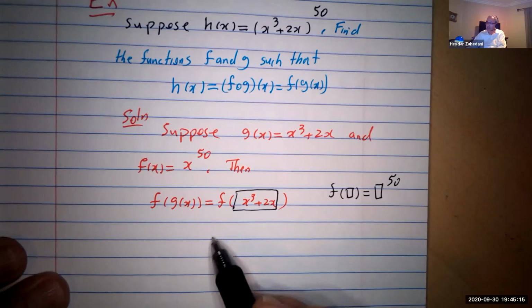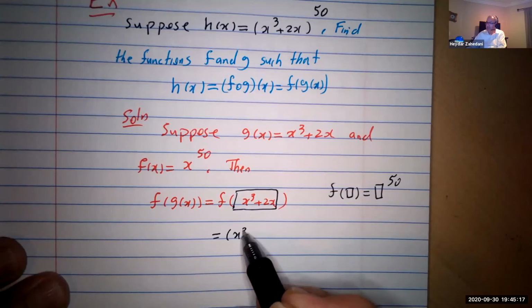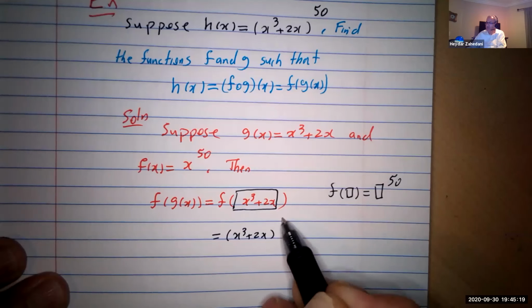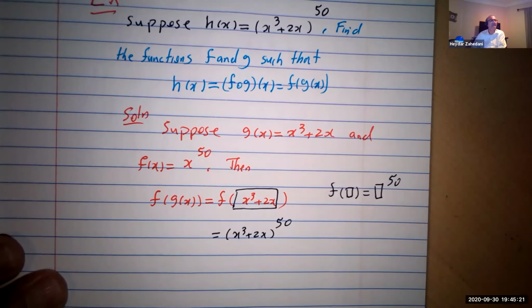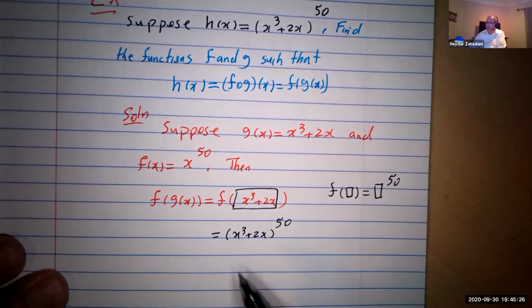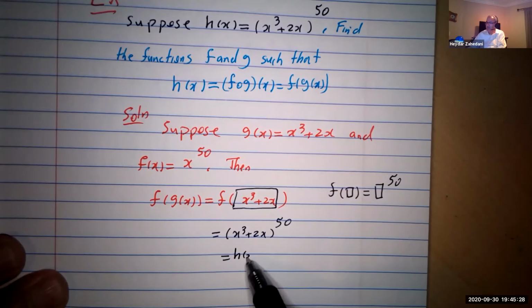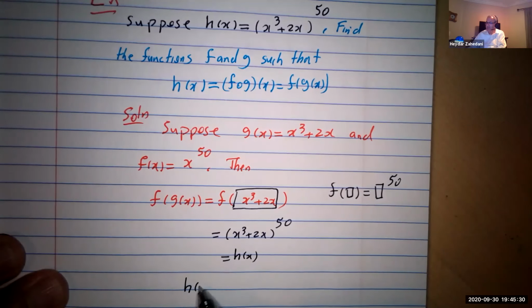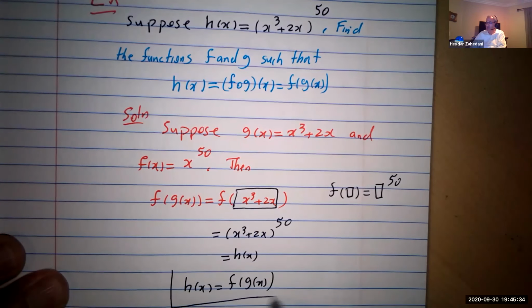But what is in the box? In the box is x cubed plus 2x. So x cubed plus 2x, to the 50, which is exactly the function h of x. So we prove that h of x is a composition of two functions.